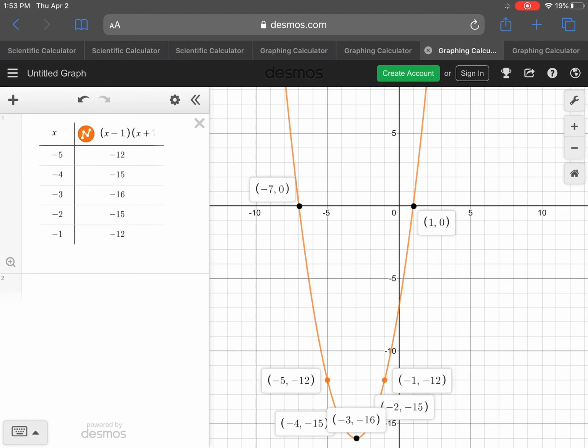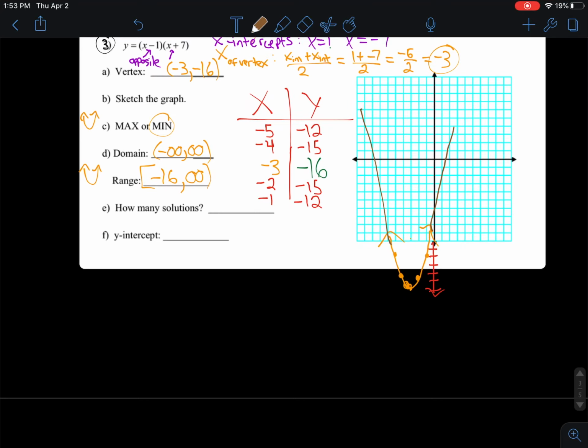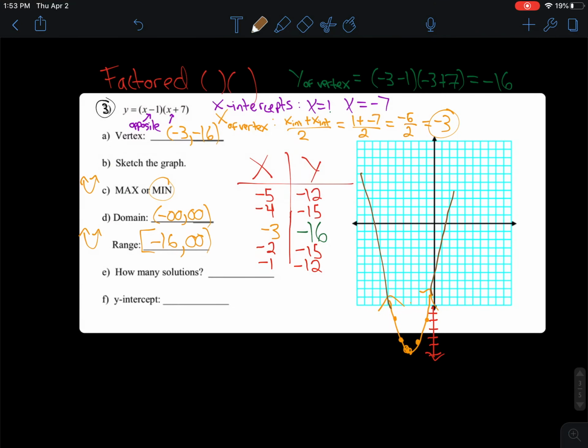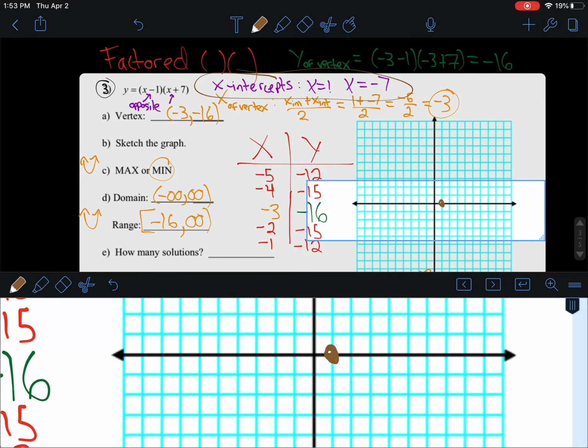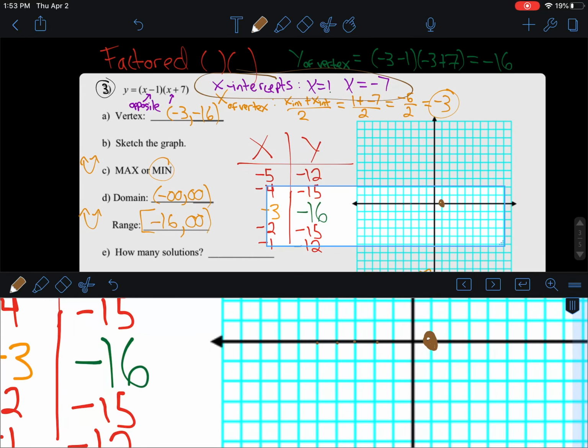We actually talked about that up here as well. Remember, solutions are x-intercepts, and we know what they are. In this case, it's going to be 1 and -7. So if I really wanted to add another point on here, I could have done that. 5, 6, 7.